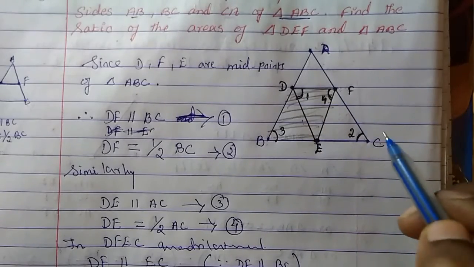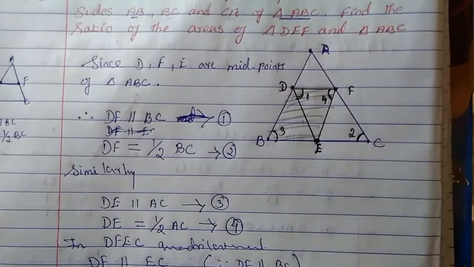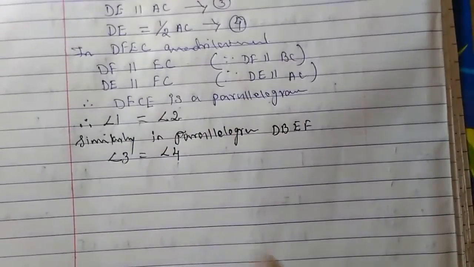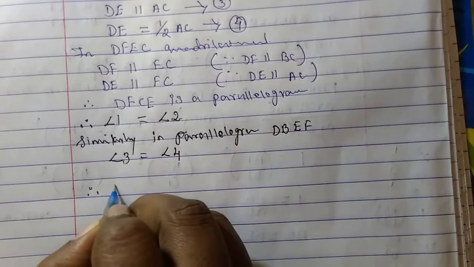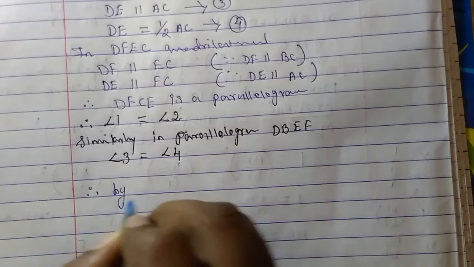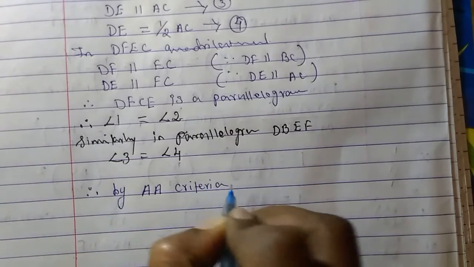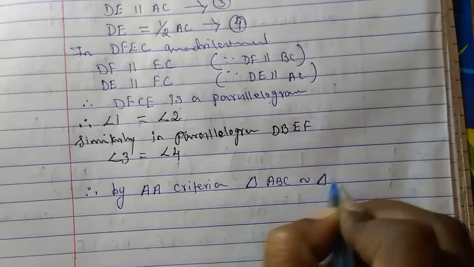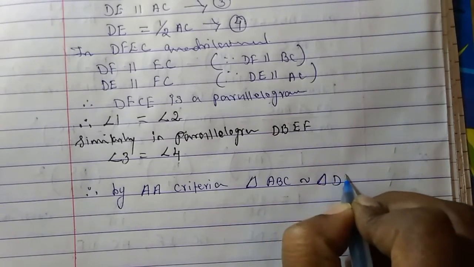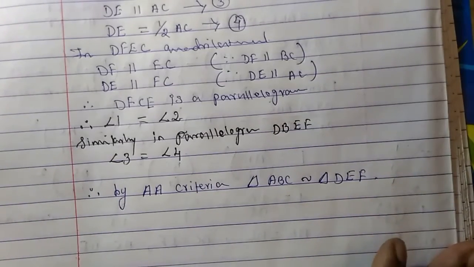Therefore, by angle criteria, can we say this triangle is similar to this triangle? So that's what we wanted to do. Therefore, by angle criteria, triangle ABC is similar to triangle DEF. So we have proved similarity.